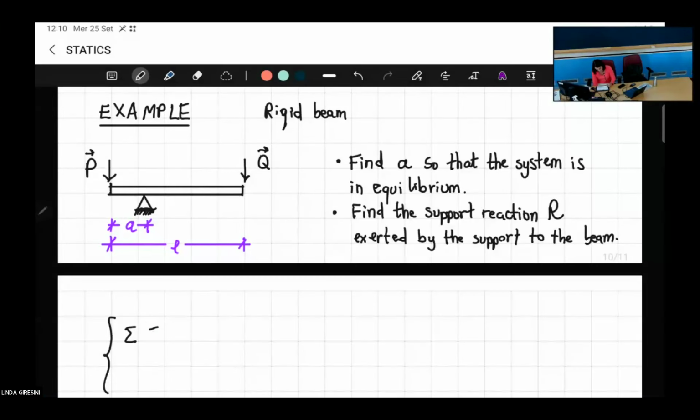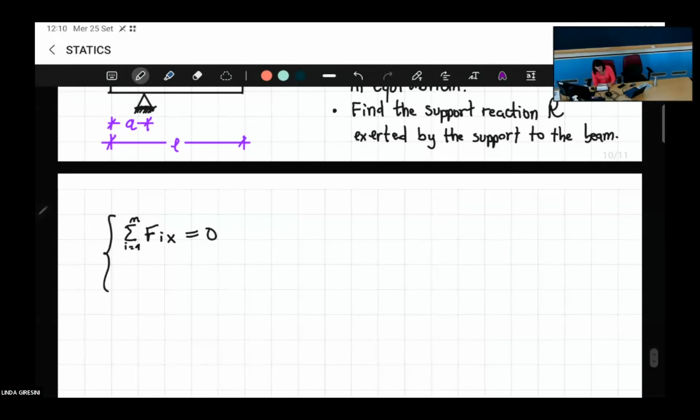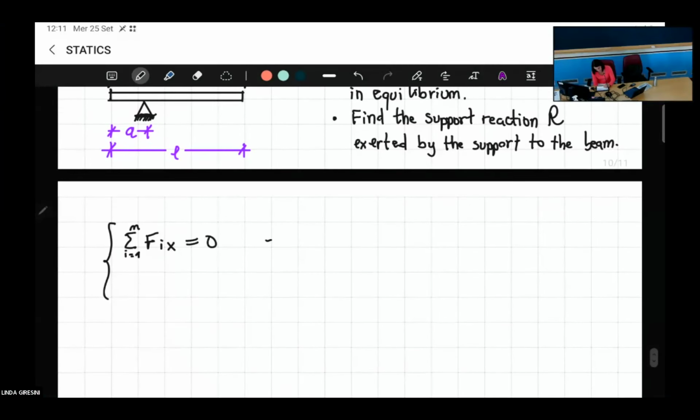The first one is the sum of forces in x direction for i, which goes from 1 to n, equal to 0. So this is the equilibrium in horizontal direction.